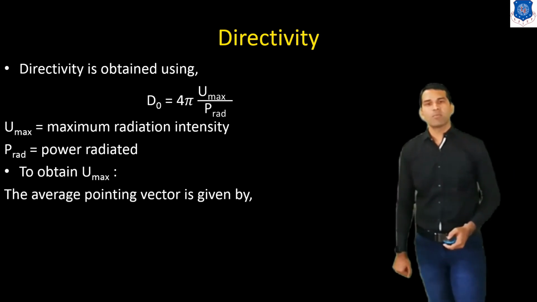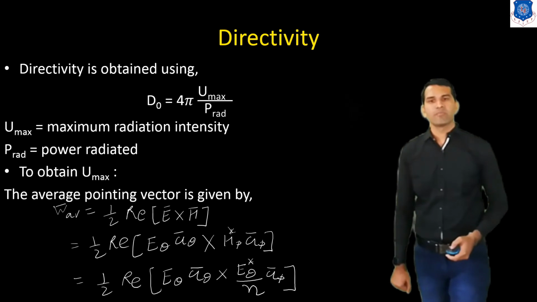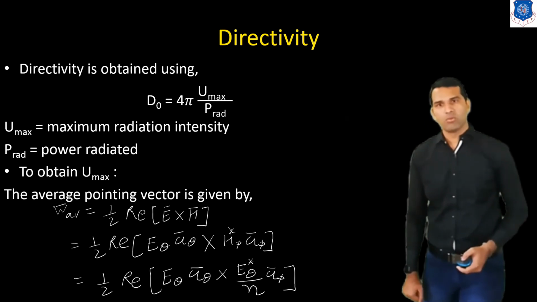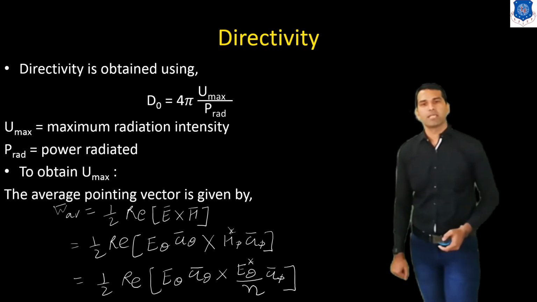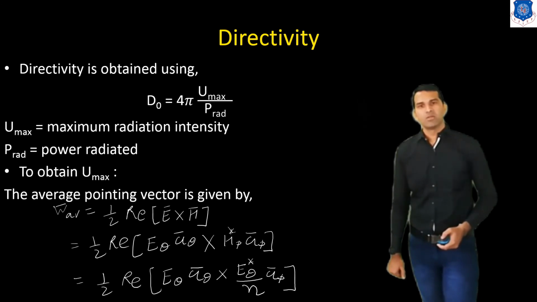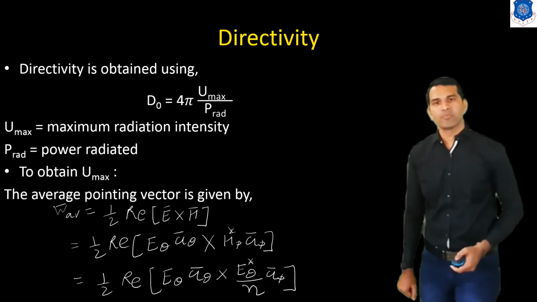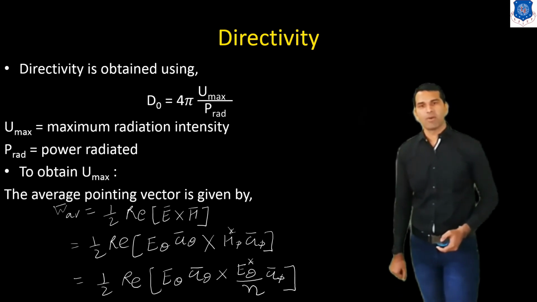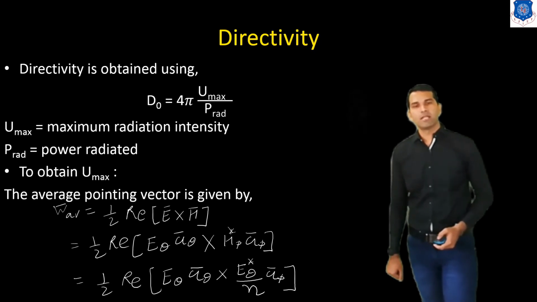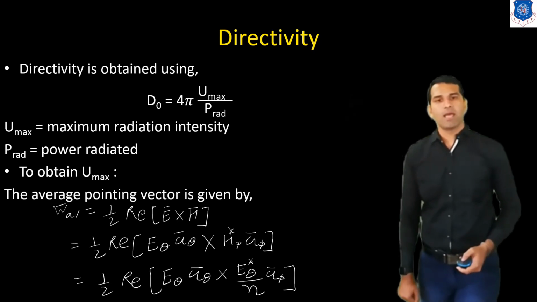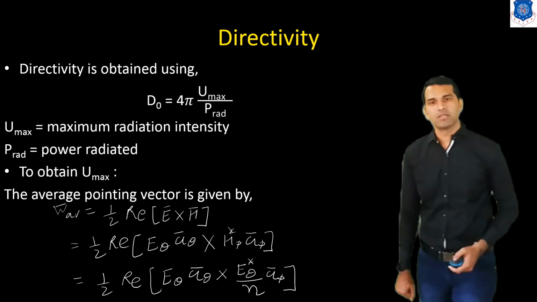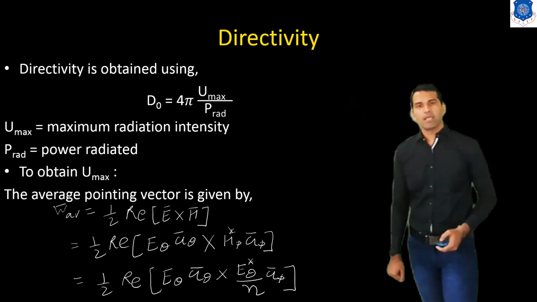The average Poynting vector is given by W average is equal to 1 by 2 real part of E cross H. We consider E theta a theta cross H phi a phi, and the relation between eta, E theta and H phi is H phi equals E theta upon eta.